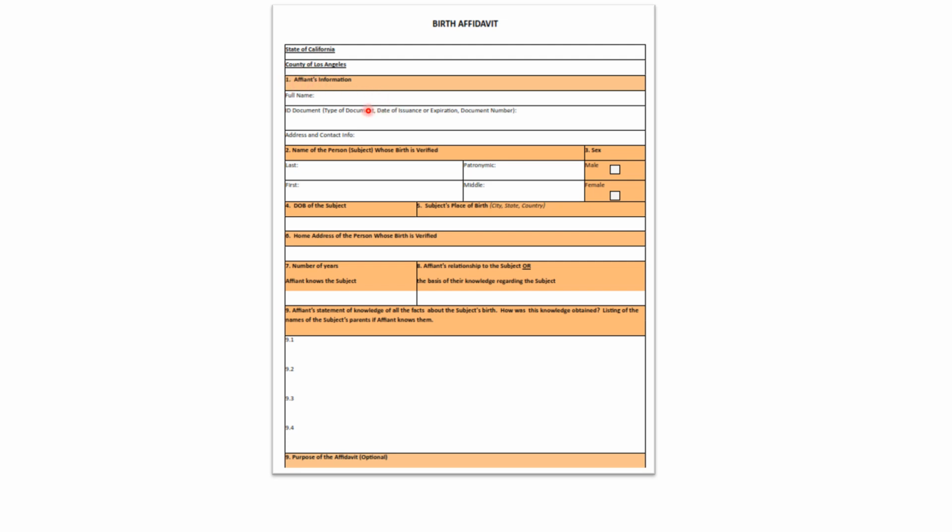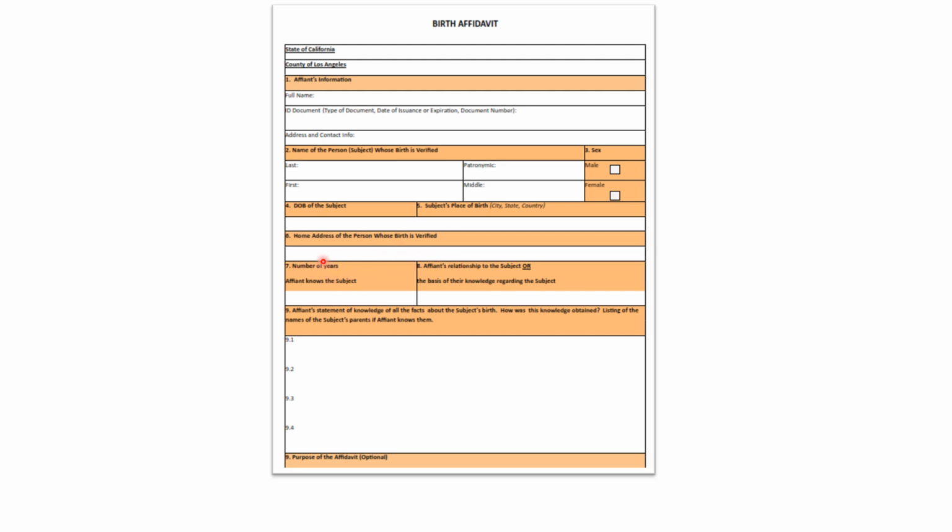Affiant's information defines name, ID information, and address. Then the name of the person, usually named as the subject, whose birth is verified. Here is information about the subject: sex, date of birth, place of birth. Here we are also filling in the home address of the person whose birth is verified.